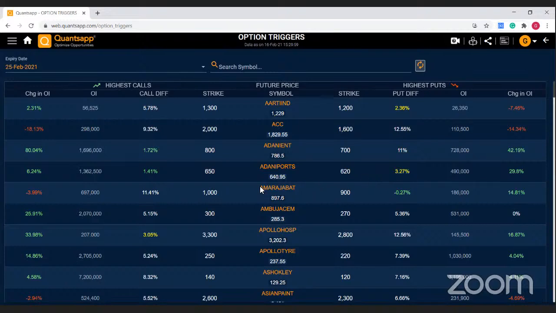If there's more price decline and the difference falls below 2%, then it will change from yellow to green. And if a stock future price is trading very near to the highest put option, that has been indicated in the green. So difference between 0 to 2 has been indicated in the green.